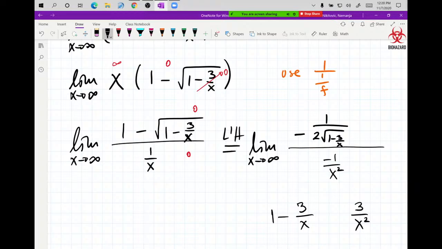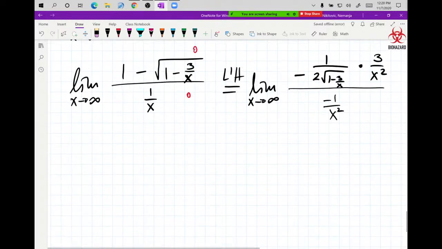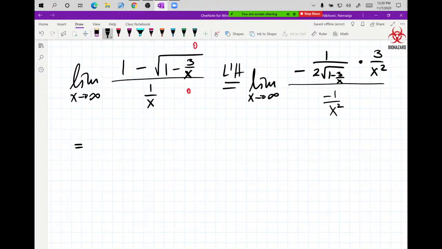That negative kills the negative, and then times 3. So when you take this derivative, you multiply it by 3 over x squared. That was the chain rule. So that's further equal to the 1 over x squared, the negative, and this cancels, and you just get the 3 in front.